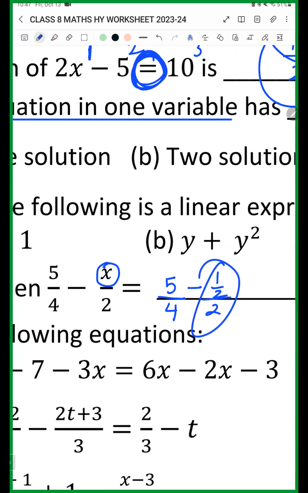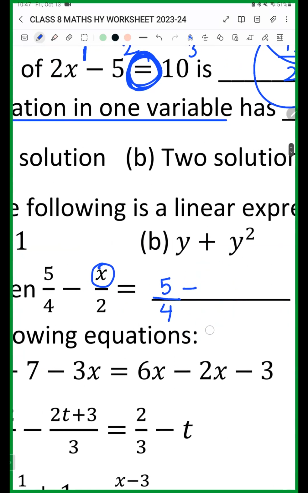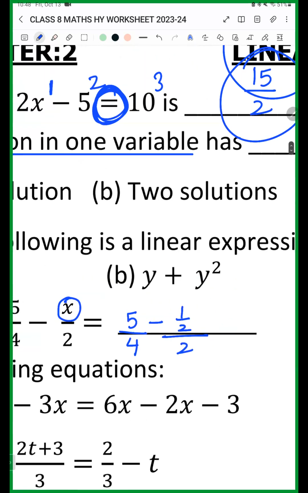Got it? So if I write like this, how do we solve it? If you want to write it like this, 1 by 2 by 2. Remember, denominator. This 1 by 2 can be written as 1 by 2 over here.